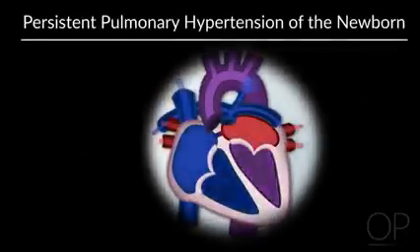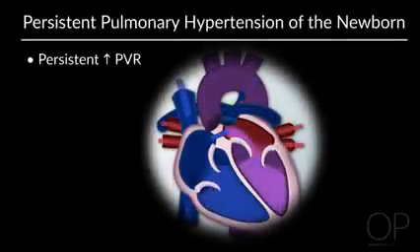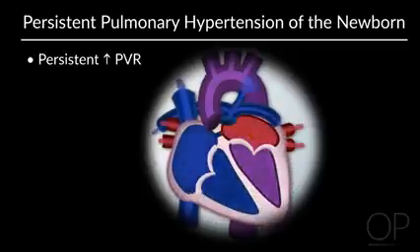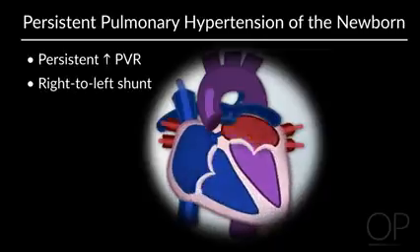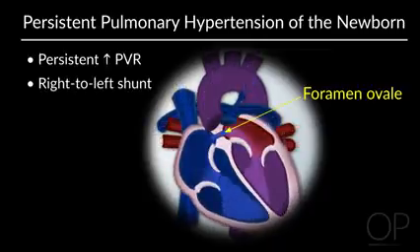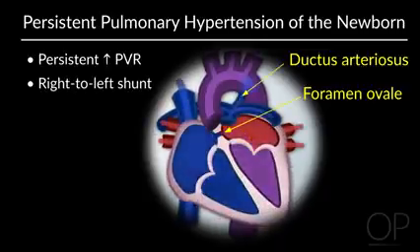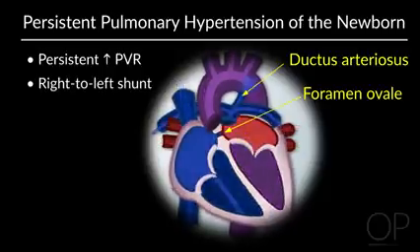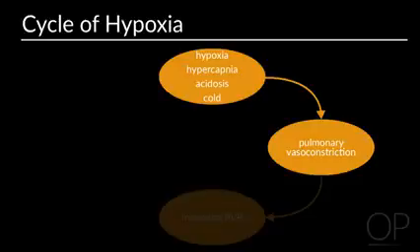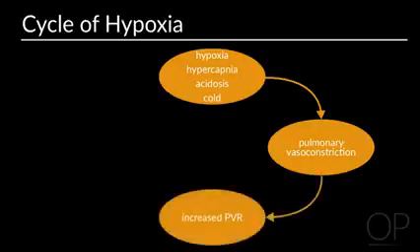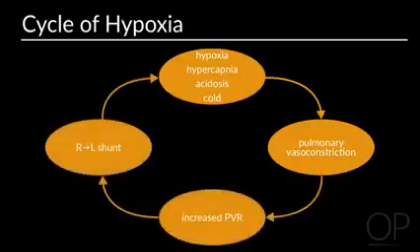In PPHN, we have the persistence of high pulmonary vascular resistance with a right-to-left shunt towards the foramen ovale and the ductus arteriosus. So the baby enters this vicious cycle of hypoxia, where hypoxia, hypercapnia, acidosis, and cold are triggering pulmonary vasoconstriction with increase in the pulmonary vascular resistance and right-to-left shunt, auto-maintaining hypoxia.